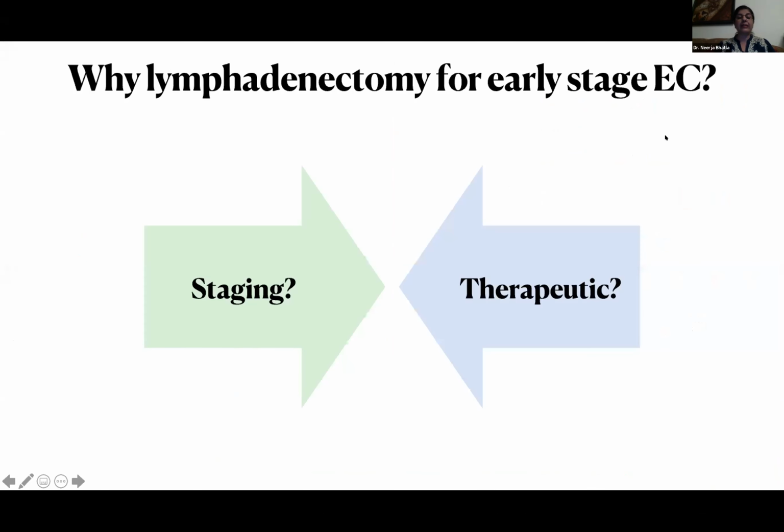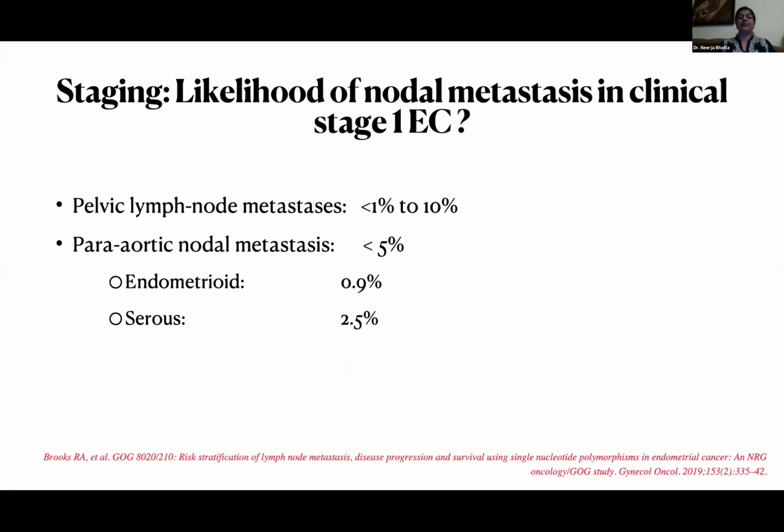Next slide, please. And so, as has been said, are we looking at staging or are we looking at the therapeutic purpose? Now, if we talk of staging, then the likelihood of nodal metastasis in stage 1 endometrial carcinoma in pelvic lymph node mets is 1 to 10%, and para-aortic is less than 5%. If we are talking of endometrioid, it is 0.9%.